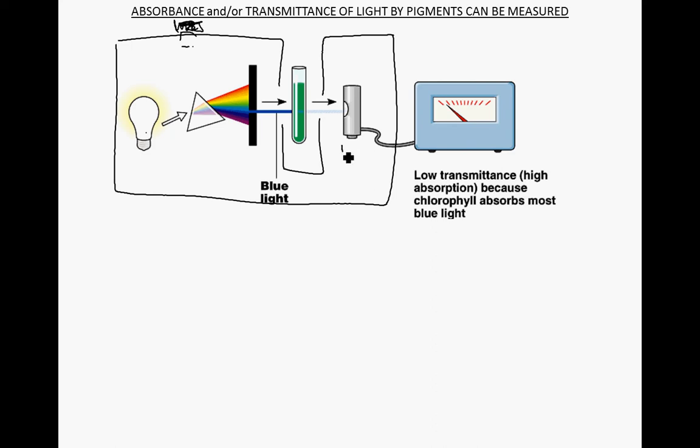Then there is a detector over here, inside the box, that is linked up to the computer via the Lab Pro or the Logger Pro, and the computer can read the absorbance and also the percent transmittance.